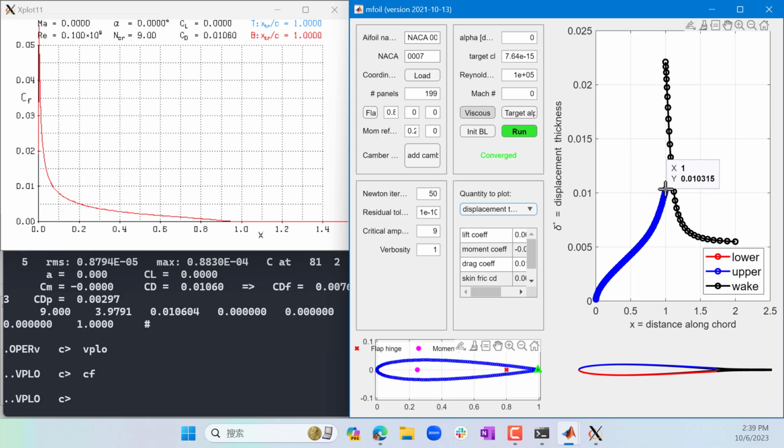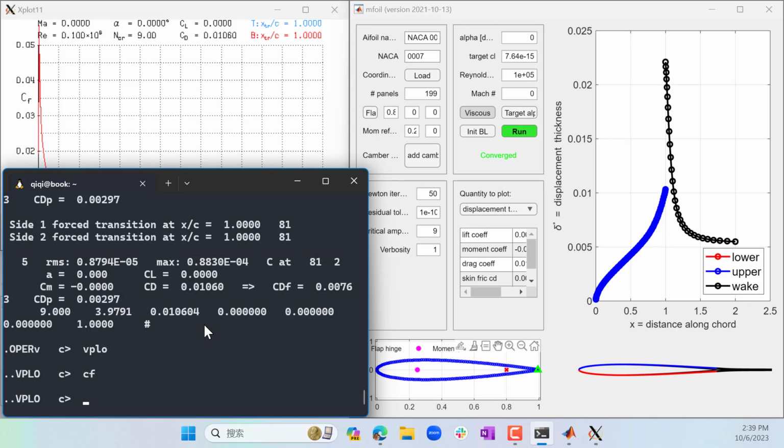Or it's almost like the trailing edge is thickened by about 2% of the chord length, because on both sides, it has a displacement thickness of 1% of chord length. So if you combine them, the trailing edge is as if it has a 2% thickness of the chord length.